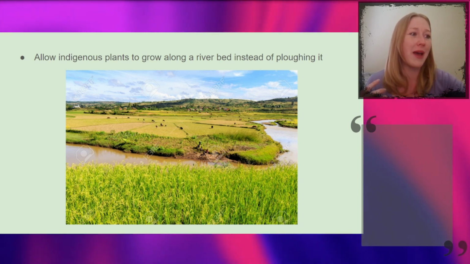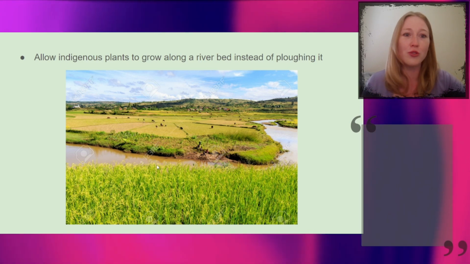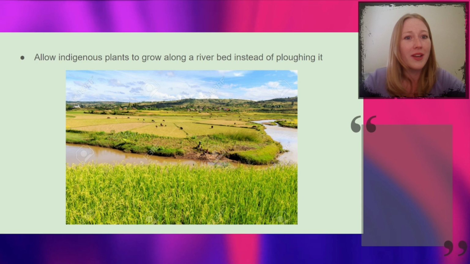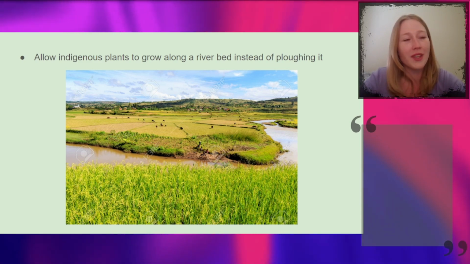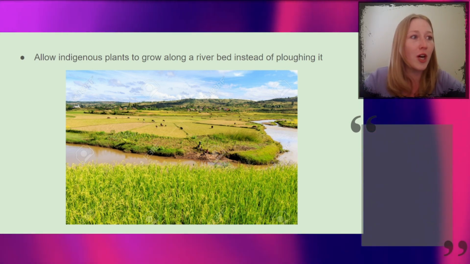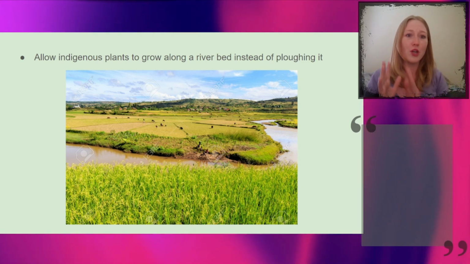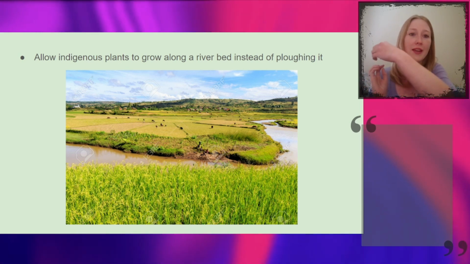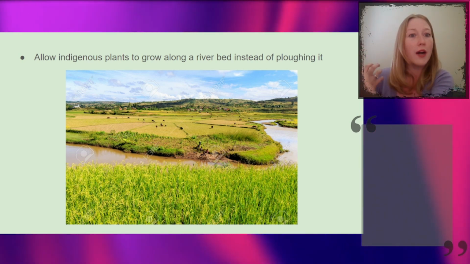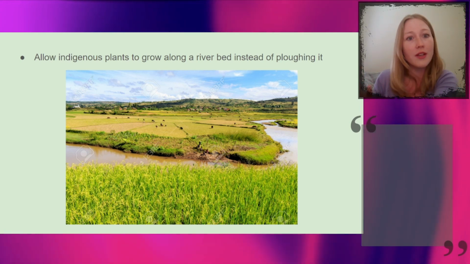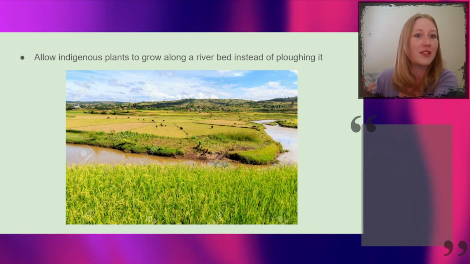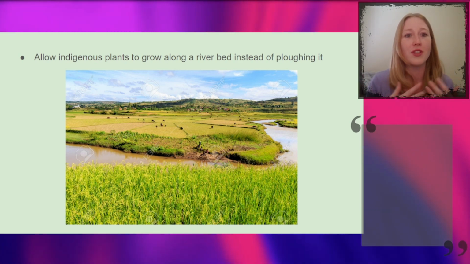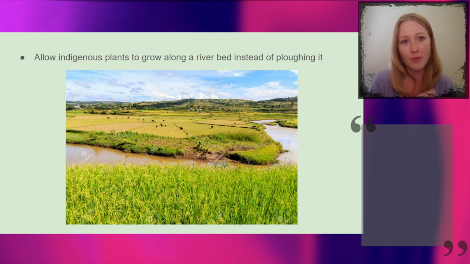So leaving these patches to grow in their natural ecosystem can help manage the crop and help keep the crop healthy. And again, I've seen a lot of farms that will have rows between, let's say, the vines or the orchards, where they have a strip of wildflowers or grass or whatever else to encourage the insects to live their normal little ecosystem lives because it reduces the chance of pests or any harmful insects.